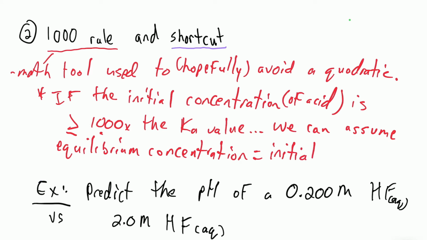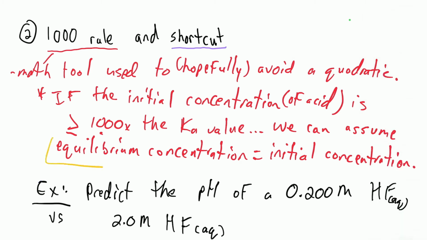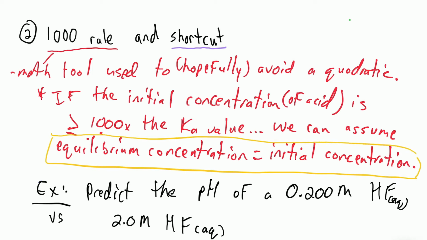We can assume that it essentially fully ionizes. So whatever concentration we gave you in the problem would be equal to the equilibrium concentration that you can plug right into your equilibrium constant.